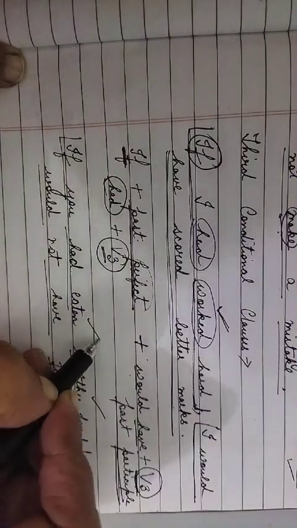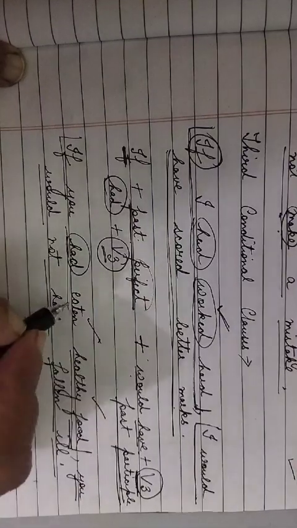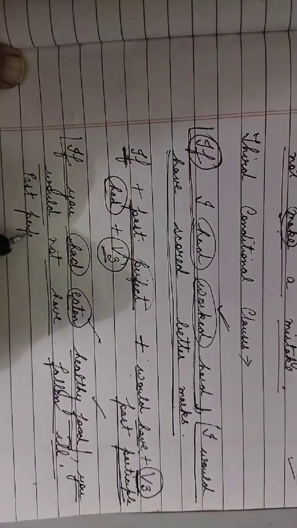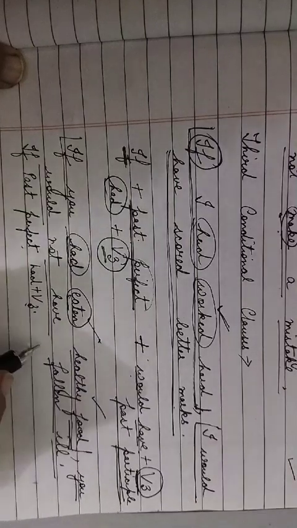It's over. And now you are sick. Correct? So this refers to something that is already over. Fine? If you had eaten healthy food, helping verb, main verb. Which tense is this? Past perfect. Correct? Had plus third form. Where is the consequence? You would not have fallen ill.